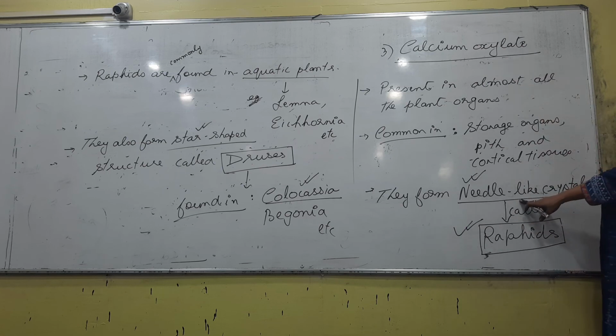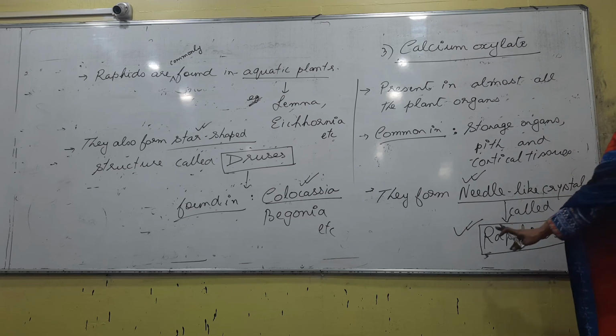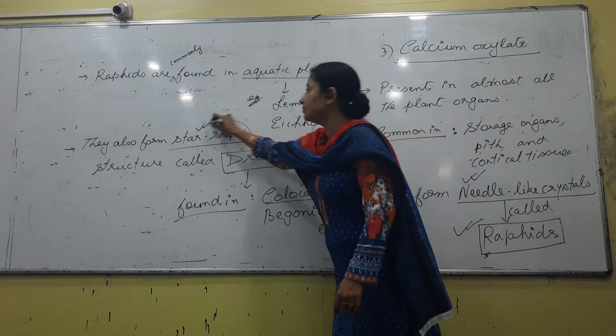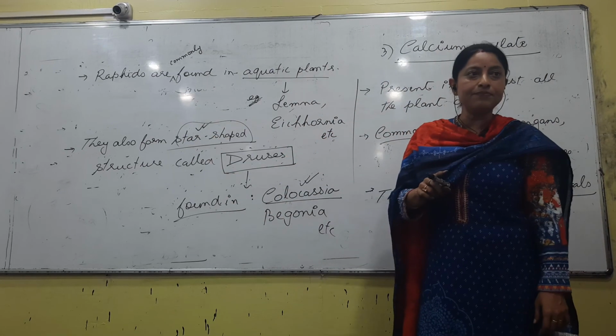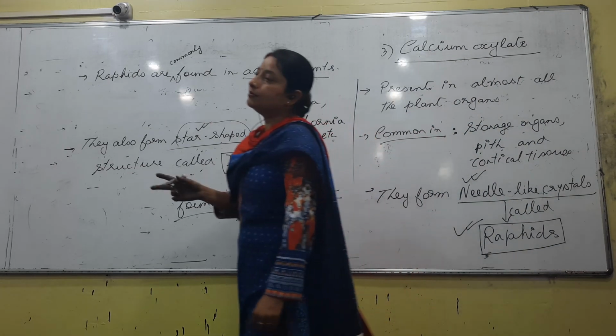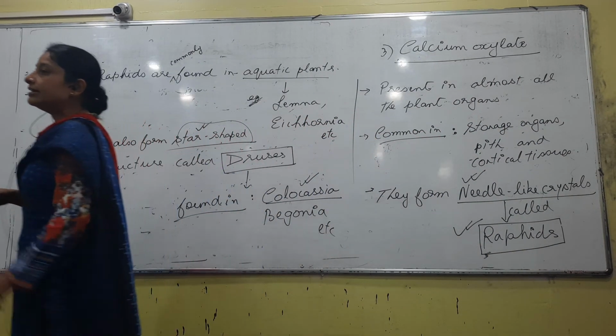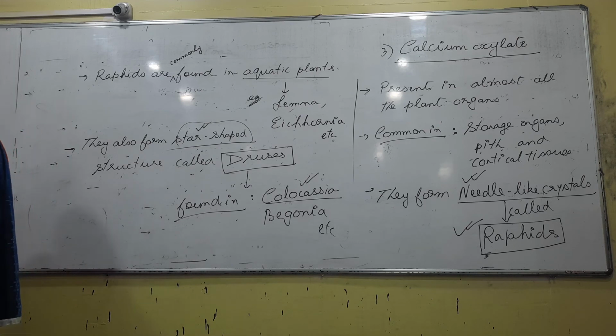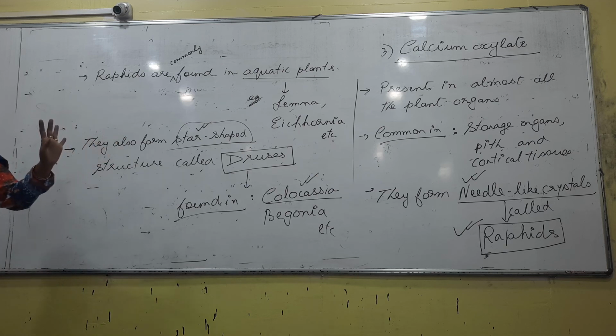Another point is needle like. Before, what we had was a bunch of grapes like structure. This one is a needle like structure. This one is a star shape. So it is the shape, it is the main mineral and it is the name that is given for that specific structure. Cystolith is what we call the one that is bunch of grapes, the one that is needle like we call raphides, the one that is star shaped we call druses, right?